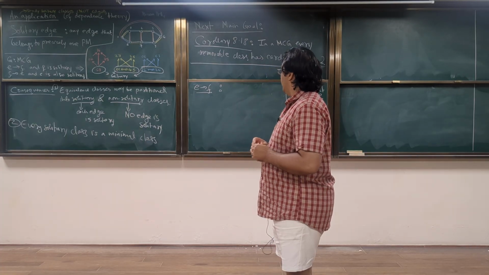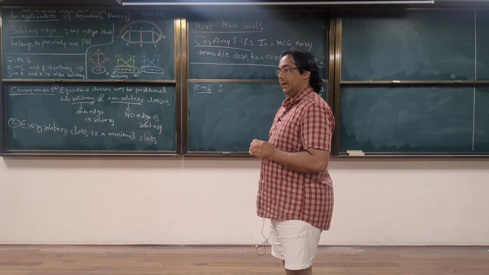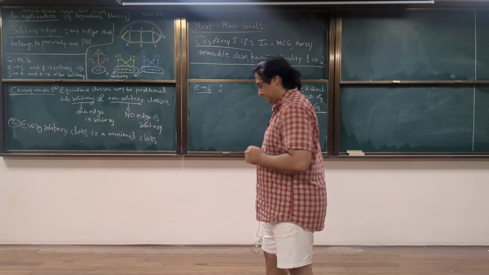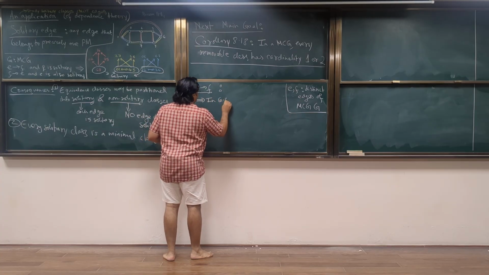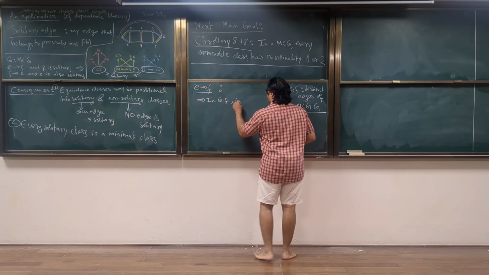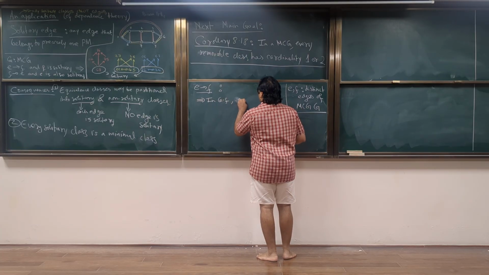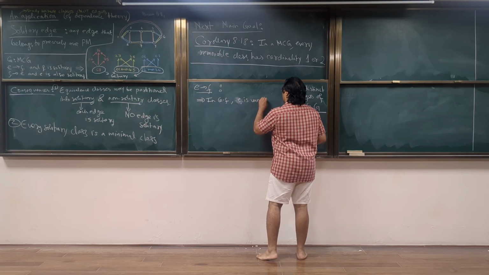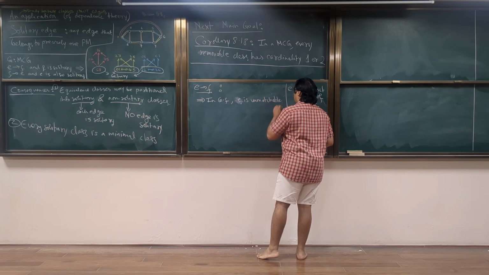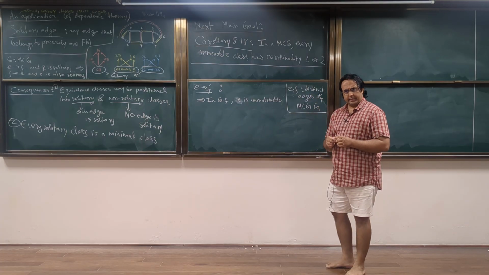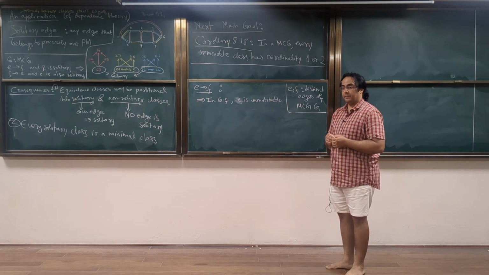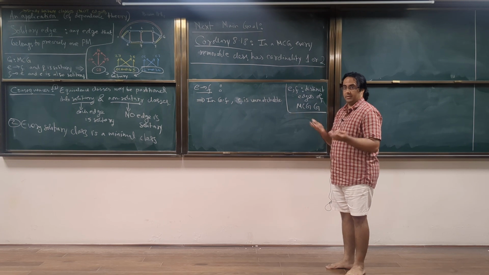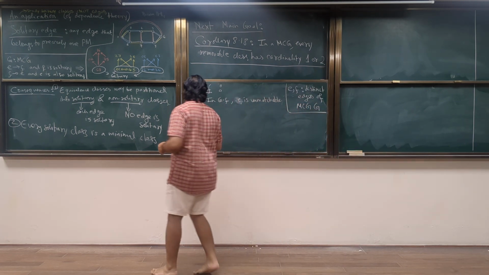E depends on F, so that means if I delete F, then E is no longer in any perfect matching. This implies that in G minus F, E is unmatchable. But the graph G minus F itself is matchable, right? Do we all agree? G minus F is matchable. You delete an edge from a matching covered graph, which is not K2 because there are two distinct edges, and the remaining graph has a perfect matching.